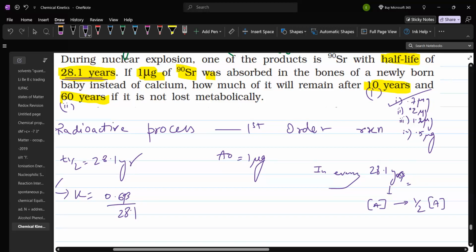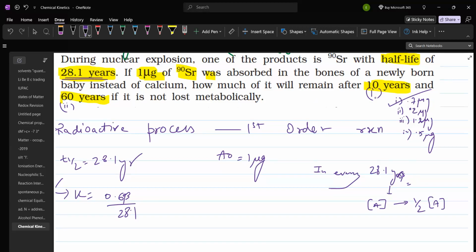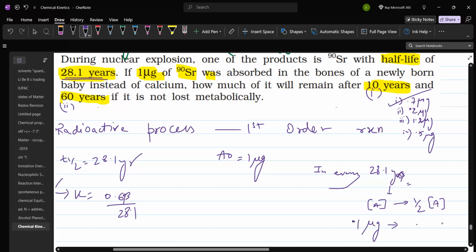The question is asking what is the remaining concentration of this strontium in that baby after 10 years. So obviously we have taken 0.1 microgram. In every 28.1 years, it becomes 0.05 microgram.